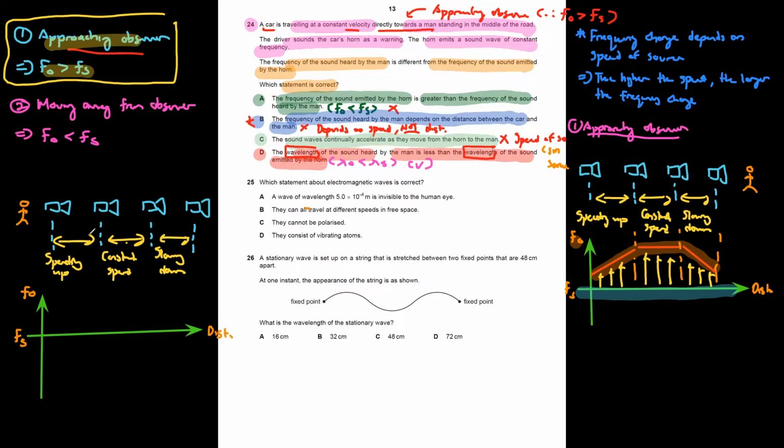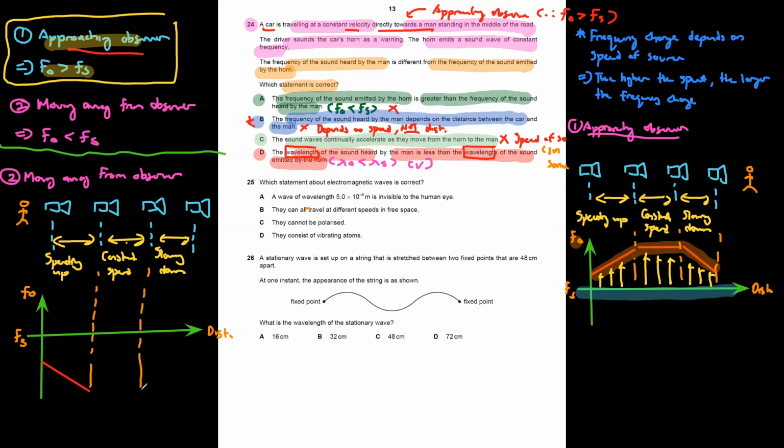Because I am moving away from the observer, which is different from the one at the top, my frequency observed could be something like this, like this. I need to draw the lines also, just to be clear, like this, like this.